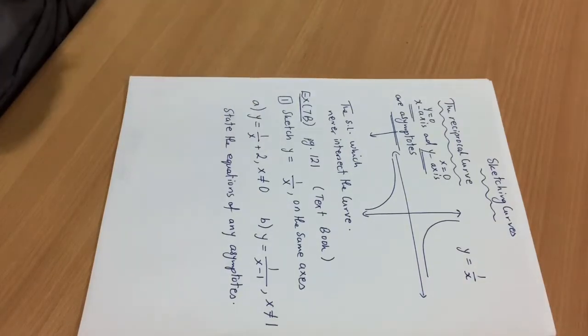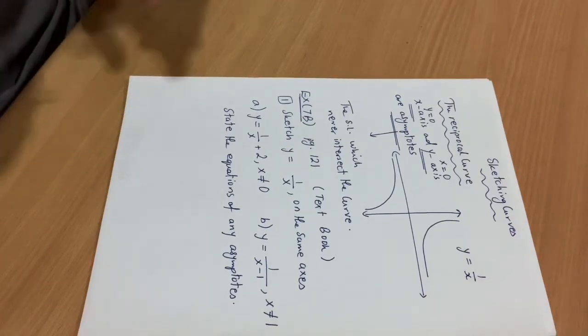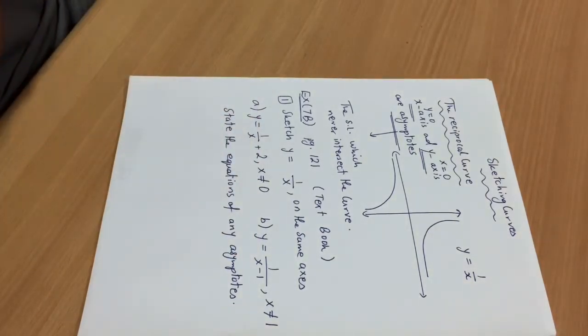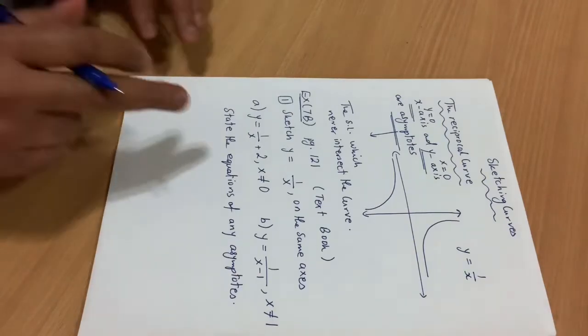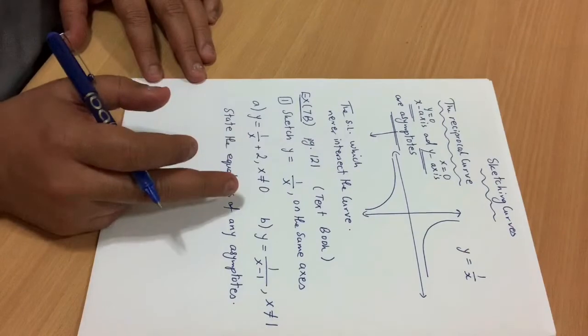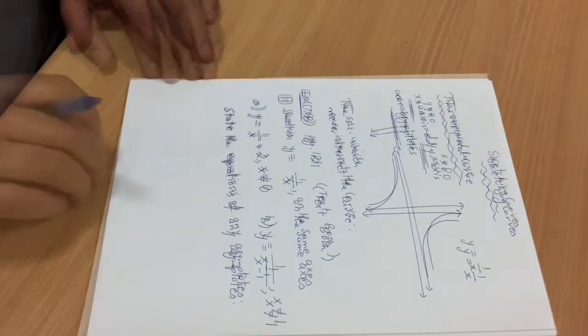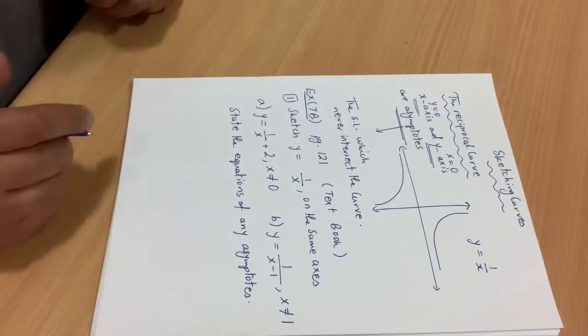If you had 1 over x minus 2, then it's a translation by (0, -2), which is downwards. In the other equation, 1 over x minus 1, there is a horizontal translation to the right because it has minus, and positive 1 is to the left. So now let's find the y-intercept and the x-intercept.